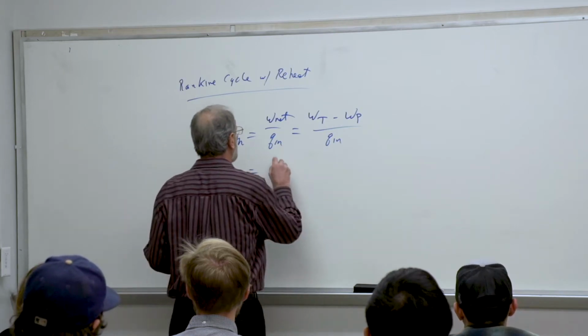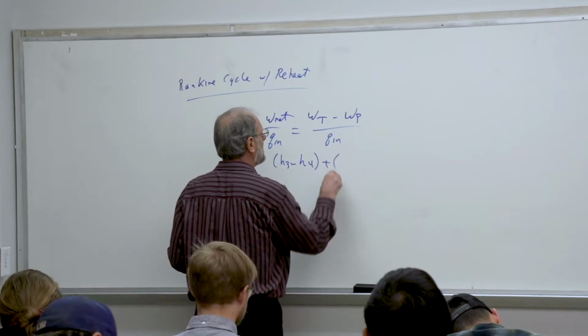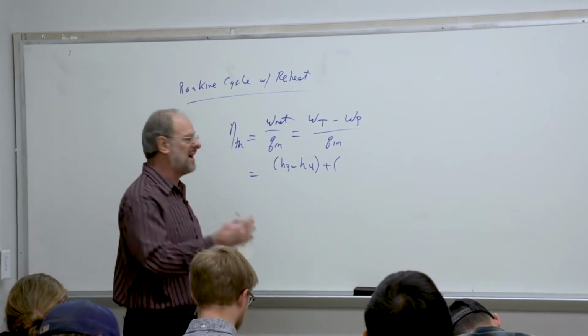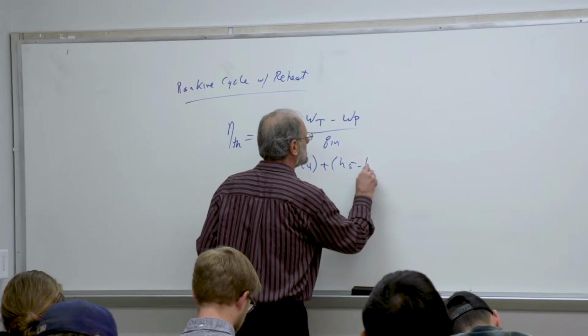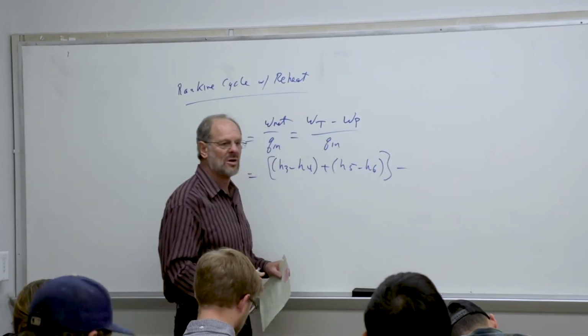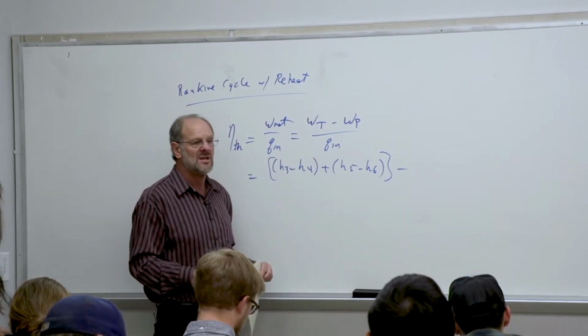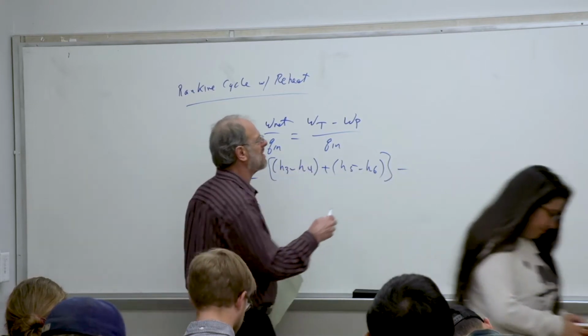So we've got our first turbine from 3 to 4, so we have an h3 minus h4 term. Then we have our second turbine after reheat from 5 to 6, so h5 minus h6. So those collectively are the turbine work. And again, I'm writing it all on a per unit mass basis. This is typically how we do this. And then we subtract from that the work required by the pump.